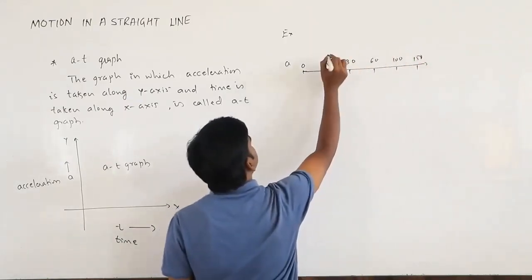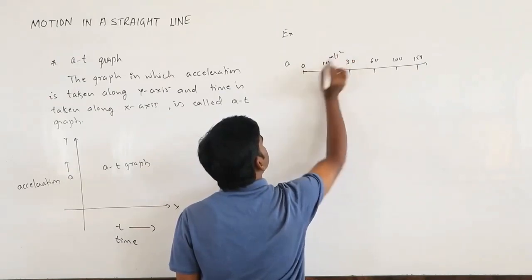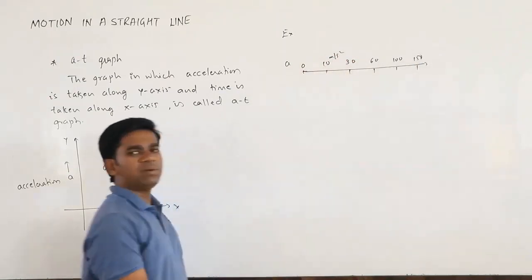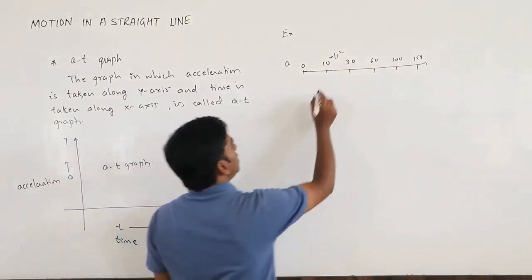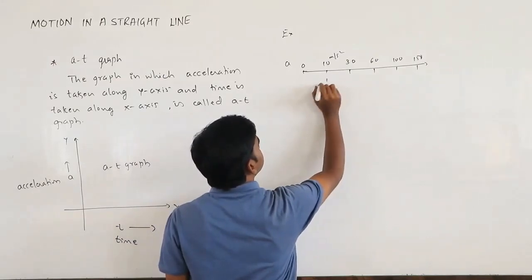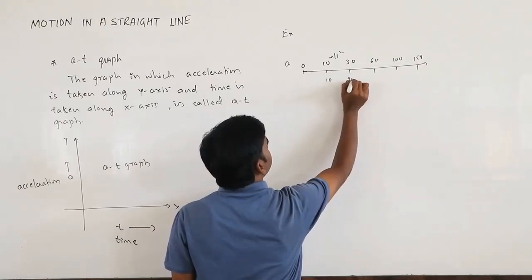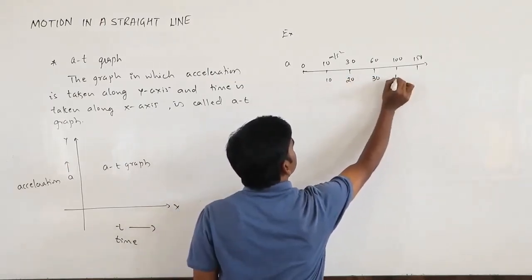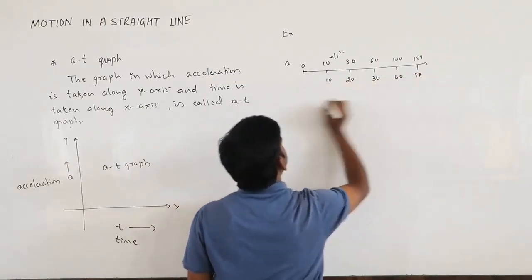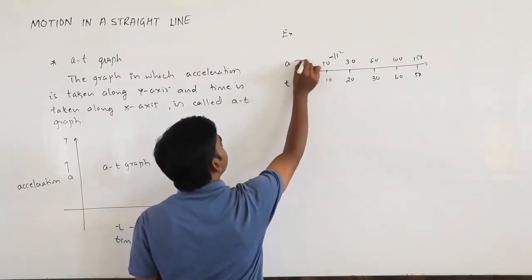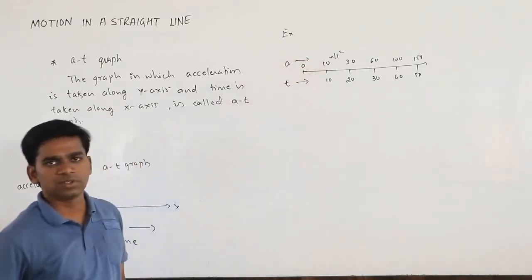The unit of acceleration is meter per second square for all. Similarly the time is 10 seconds, 20 seconds, 30 seconds, 40 seconds and 50 seconds. So time is given, and acceleration is also given.